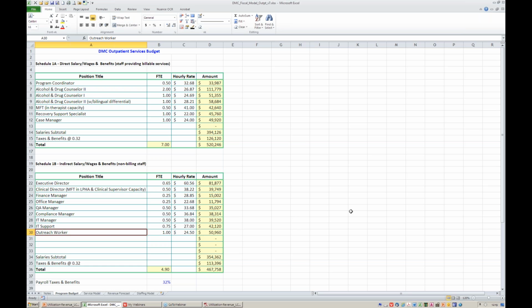And I include the outreach worker there. Now, clearly, you're not going to be able to bill for your IT support. But you've got a function here that I think is really important. This is just me. You can decide otherwise. Somebody who can go out there in the community and motivate clients to come in for treatment.